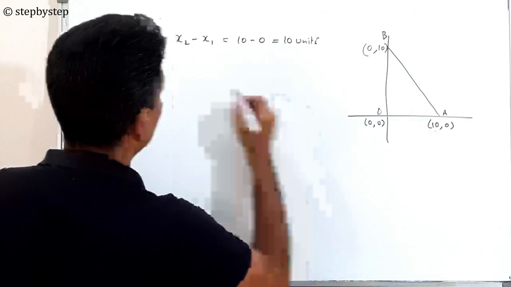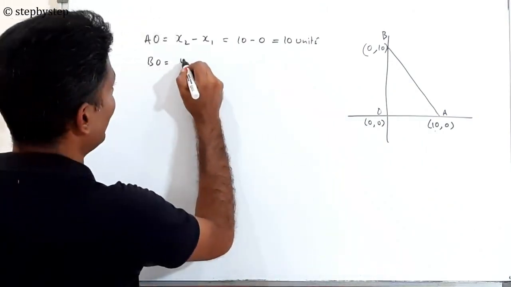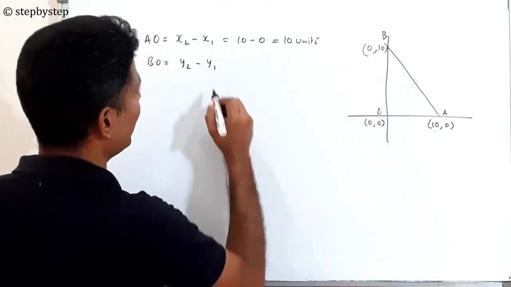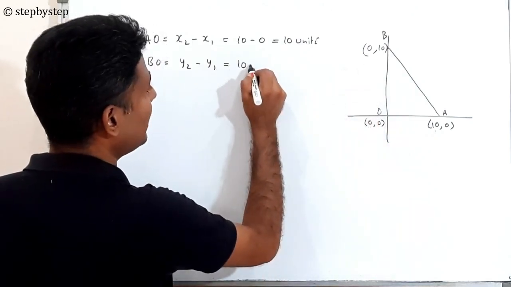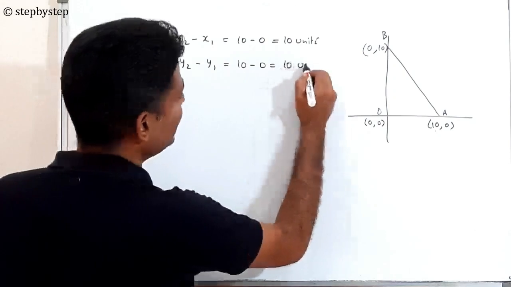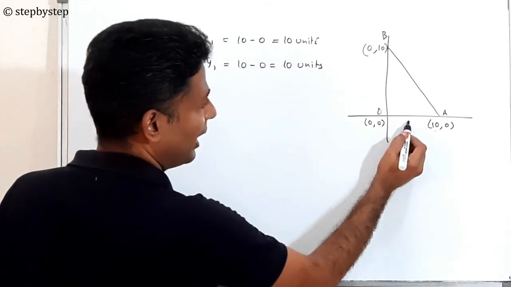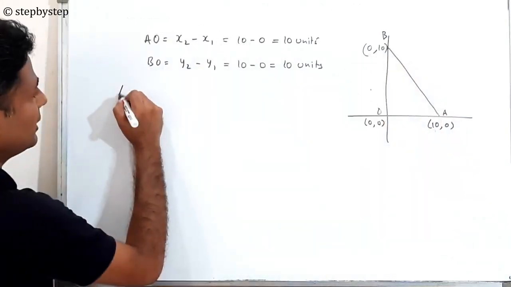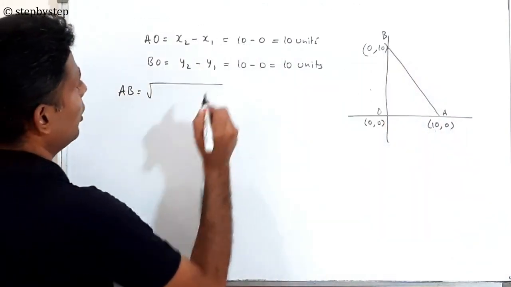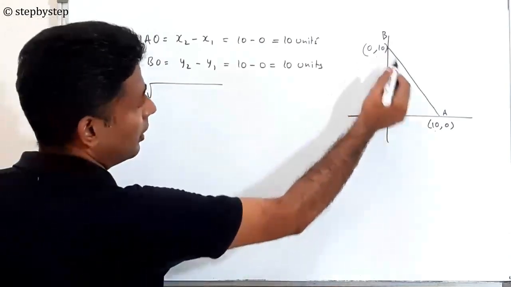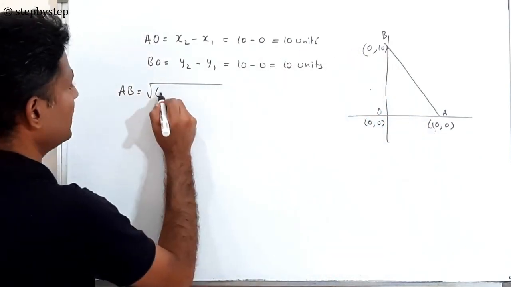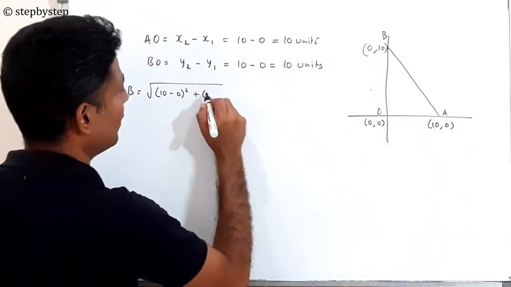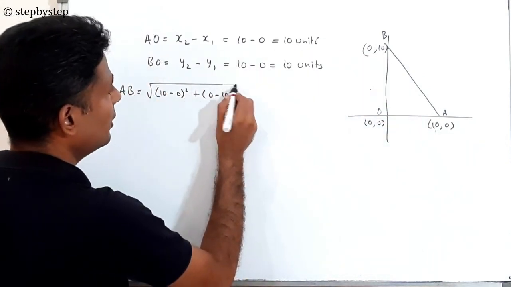And what is BO? BO is equal to y2 minus y1, that is if I take this as y2 and this as y1, this will be equal to again 10 minus 0, that is 10 units. Now we have this as 10 units, this as 10 units. All we need to find is distance AB. AB equal to root of x2 minus x1, that is 10 minus 0 whole square, plus y2 minus y1, 0 minus 10 whole square.